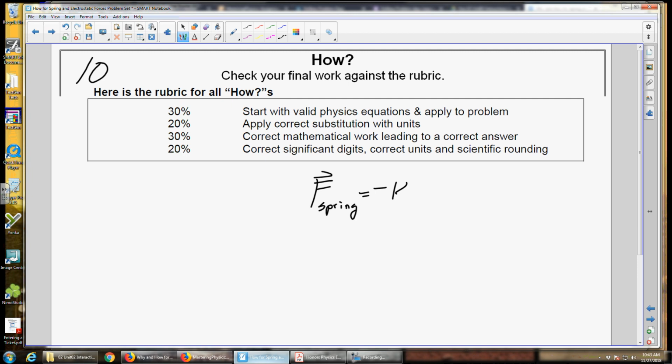F spring equals negative k delta L. And of course, I'm remembering that that negative just indicates that the change in length and the force that's causing that are in opposite directions. Probably the most confusing part is remembering that that's the spring constant, not Coulomb's constant. So really now I'm at the substitution level.